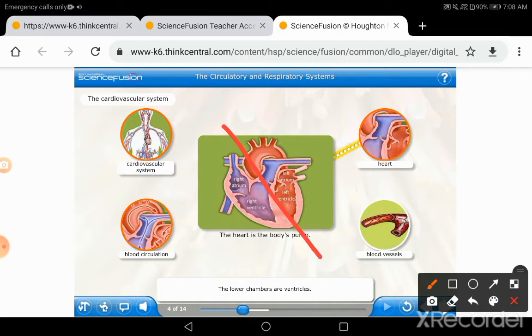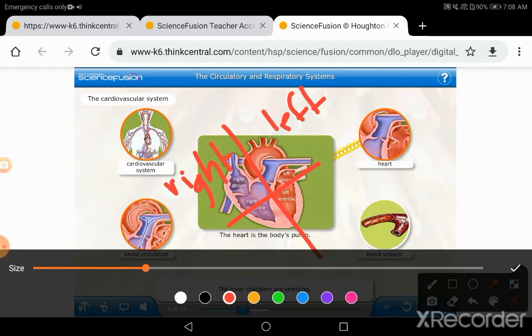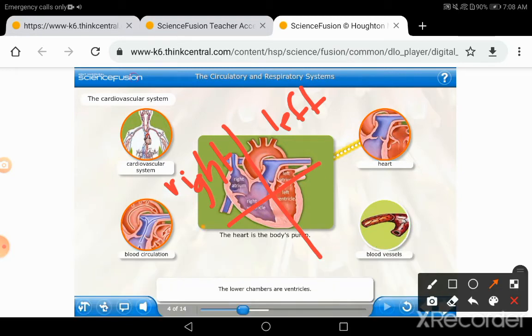Okay, so let's have a look at the heart. The heart is separated into 2 parts, the right part and the left part. As you can see here, we have 2 atria and 2 ventricles. We have the right atrium, the left atrium, the right ventricle, and the left ventricle, and each one of them has a function.